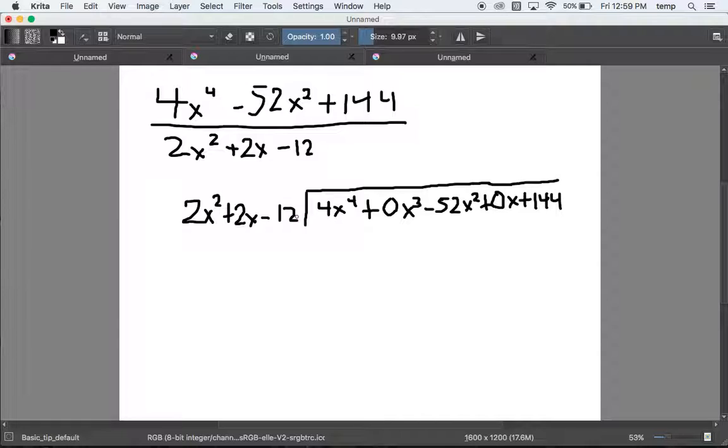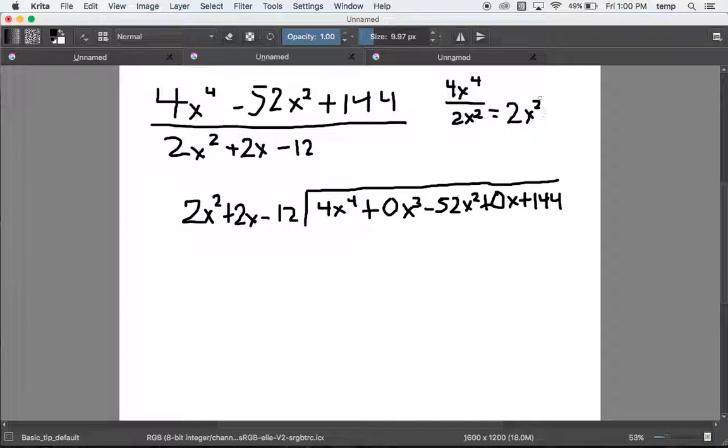Now our first step for these division problems is we take the first number in our dividend, and we divide it by the first term in our divisor. So we'll take 4x to the fourth divided by 2x squared. 4 divided by 2 is 2. x to the fourth divided by x squared is x squared.